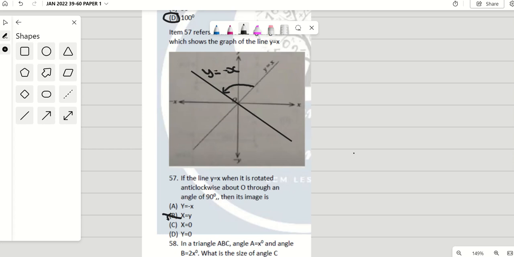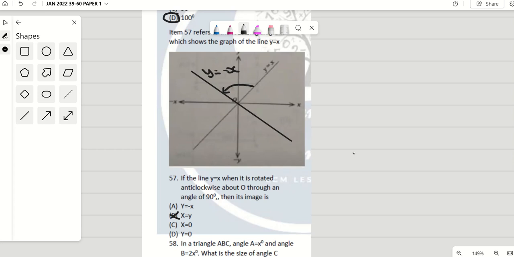Or you could have done a process of elimination. x is equal to 0 is on your y-axis, so the y-axis is where x is equal to 0, and y is equal to 0 is on your x-axis. Through a process of elimination, this black line that I drew, x is equal to y, is not it, because x is equal to y is this original line that we have.